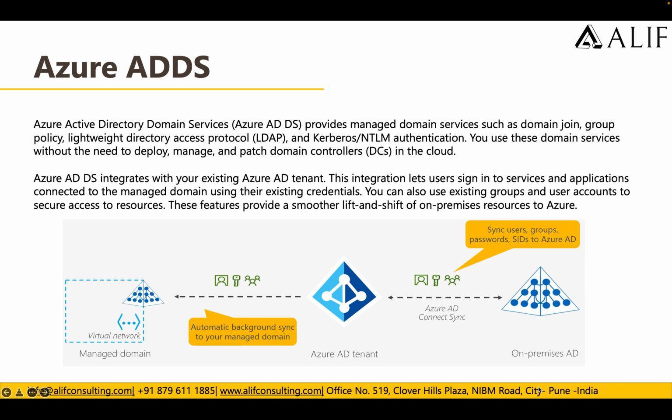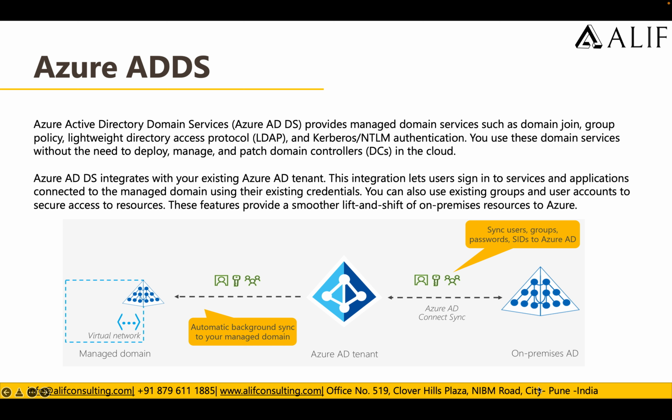Now, this helps you give a seamless, or I can say a better, user experience, because users are not going to know where they are getting authenticated from. Either they are getting authenticated from on-premise, or from the Azure Active Directory Domain Services, right?